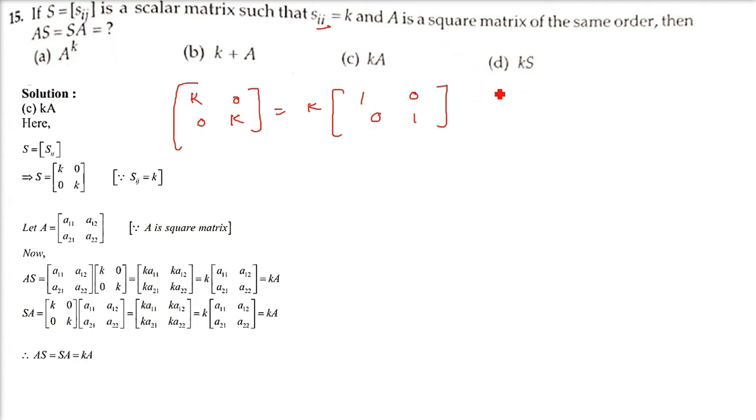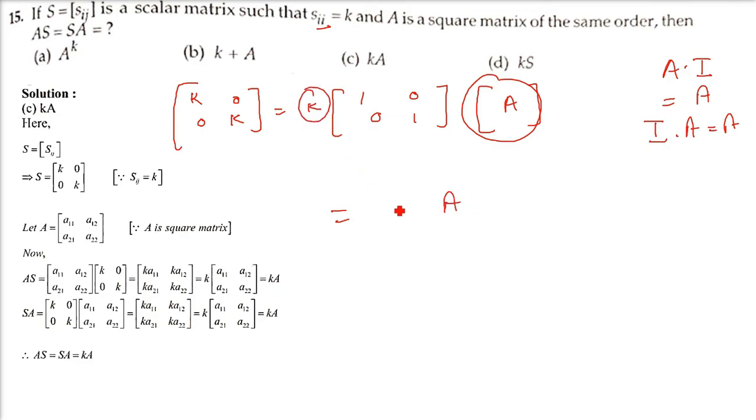If I multiply any matrix with an identity matrix, A into identity will always be A matrix. So identity matrix into A will also be A. So identity matrix into A is going to be A, and K is outside. So whatever you do, it will be K into A. This is the logic.